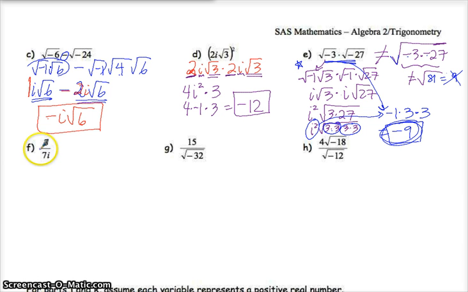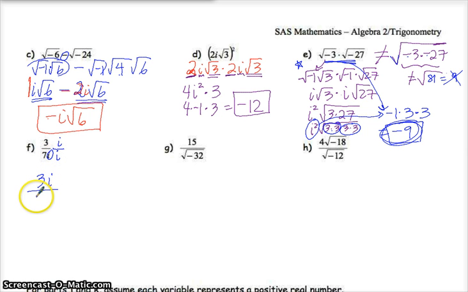Okay, letter F. You cannot have an i in the denominator, so we need to multiply by an i. Do we need to multiply by the 7? No, I was just about to make it a lot harder for myself. The only thing that's illegally in the denominator is this letter i. So I really just need to multiply by i over i. So in my numerator I get a 3i. In my denominator I get 7 times i squared.